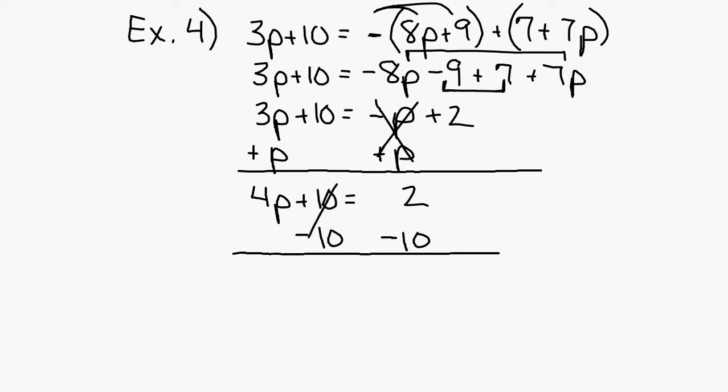The 10's will cancel out, and 4p is equal to 2 minus 10, which is negative 8, and then you can divide both sides by 4. The 4's will cancel out, and p is equal to negative 2.